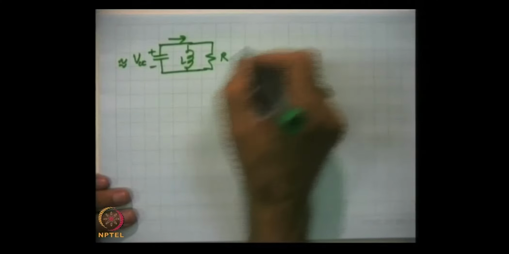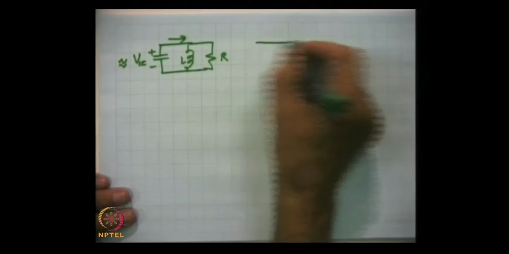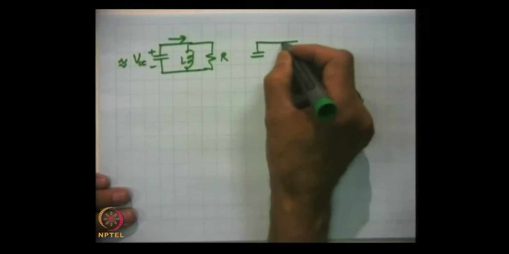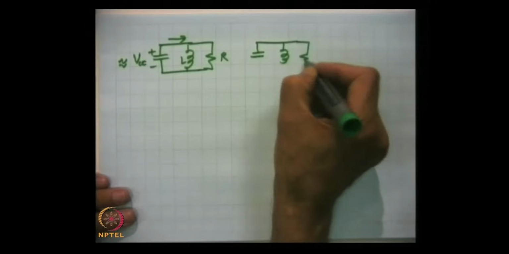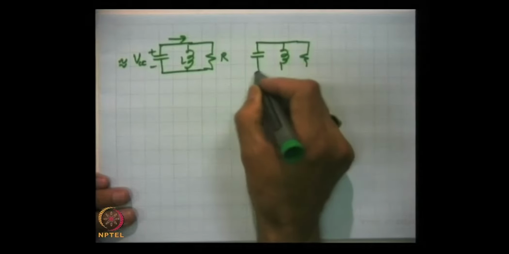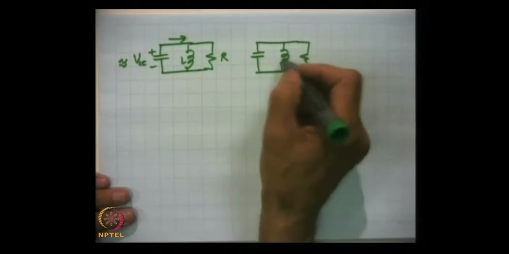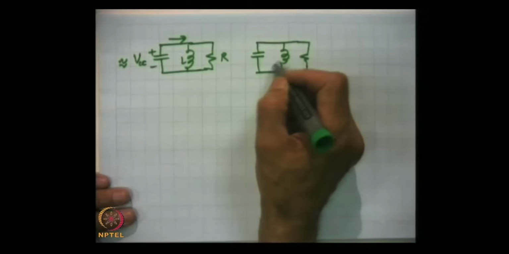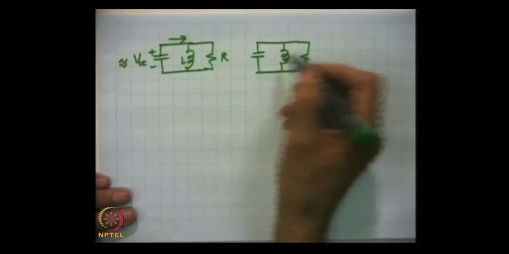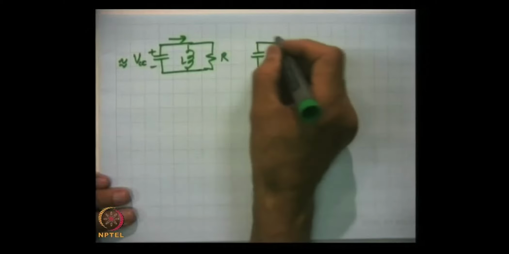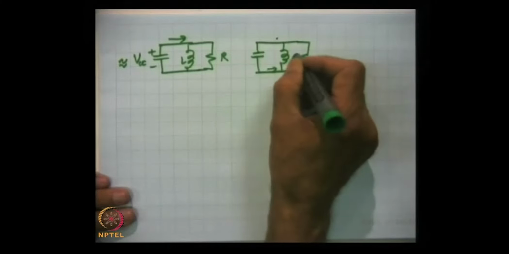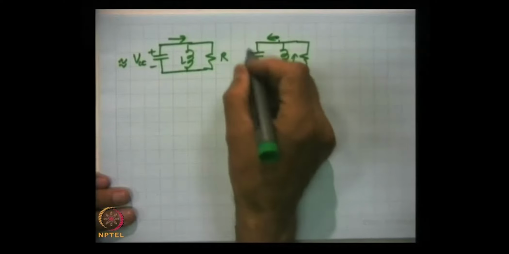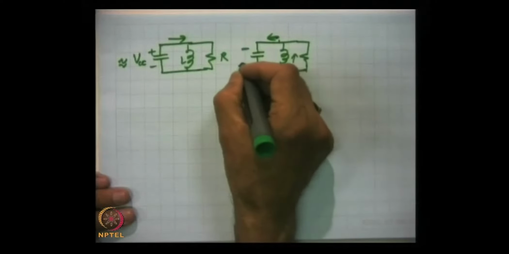The capacitor will be charged from the current flowing through that magnetic energy stored in the coil, which will be sending current in the opposite direction, and this will be charged with opposite polarity.